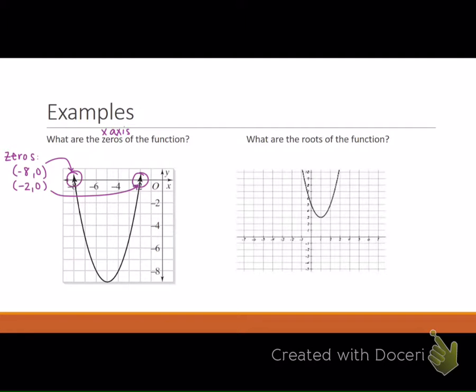What are the roots of the function below there? When is it going to cross the x-axis? Never. So you will learn this later in Algebra 2, but they are imaginary.